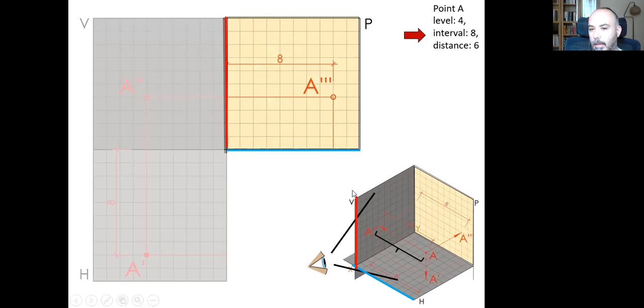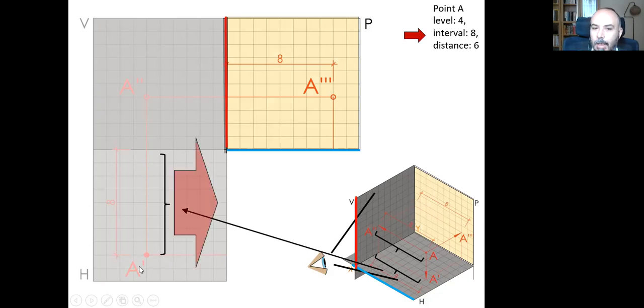Again, this is already on my drawing. I don't need to count 8 squares one more time. It was in my first step when I was drawing this part here. I counted these squares and I used this length to locate A prime.